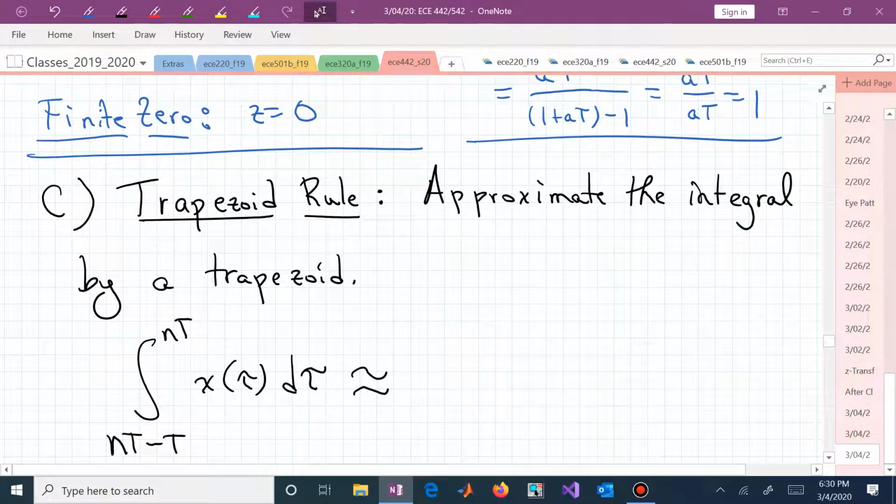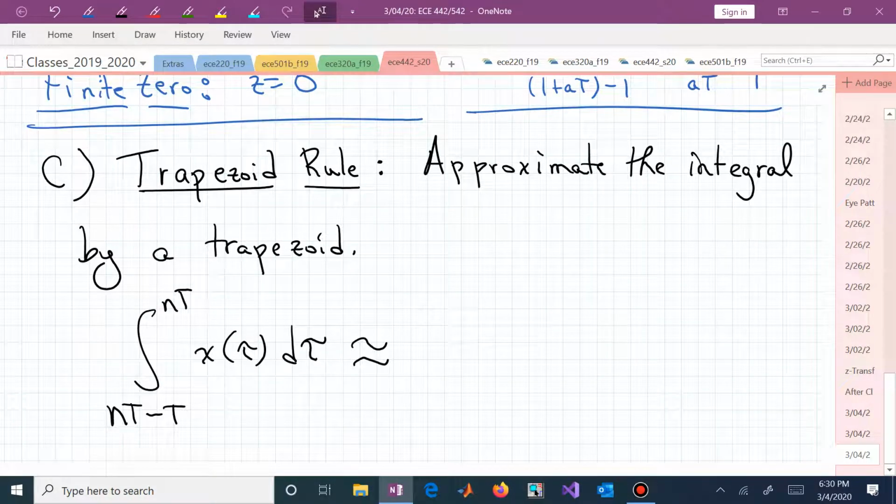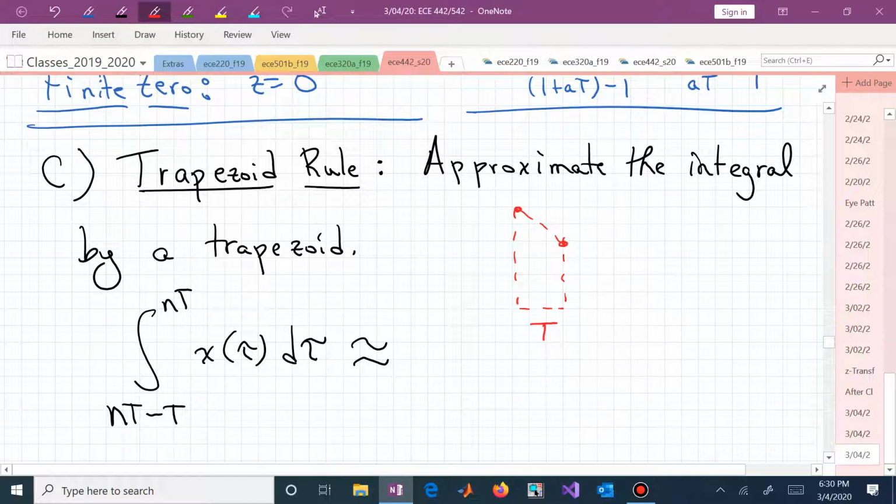All right, now let's step it up a notch. Trapezoidal rule. Now we are looking at this sliver. The width is still the same, and this point was x of nT, and this point was x at (n minus 1)T.